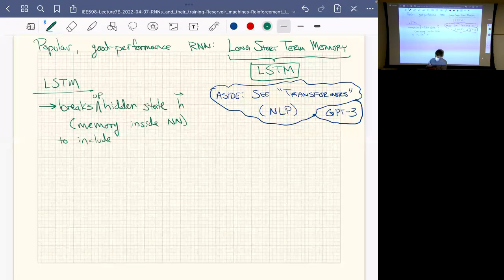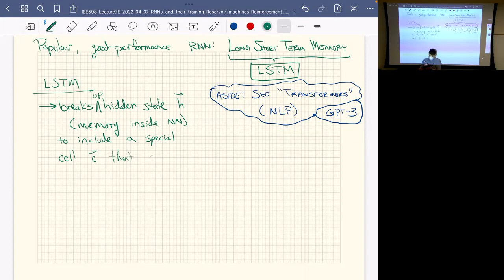a special cell, which I'm not going to write out a whole lot of the details of, that stores values for long durations of time.